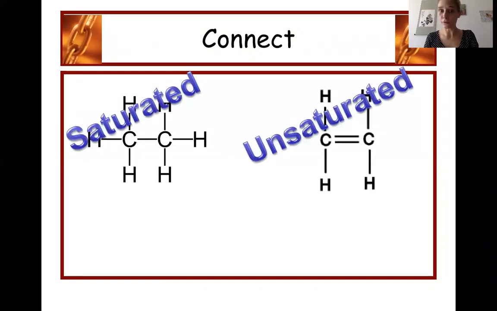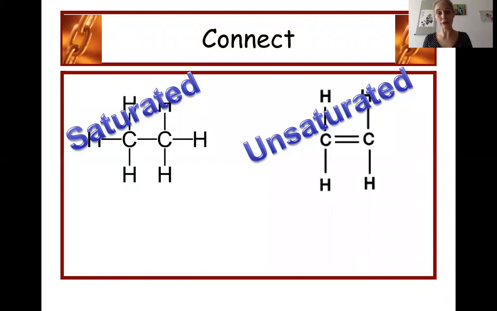We have phrases for this. We call alkanes saturated and alkenes unsaturated. By saturated, we mean everything has a single bond. All of the atoms have single bonds between them. Whereas the unsaturated molecule, the alkene, has that carbon-carbon double bond.